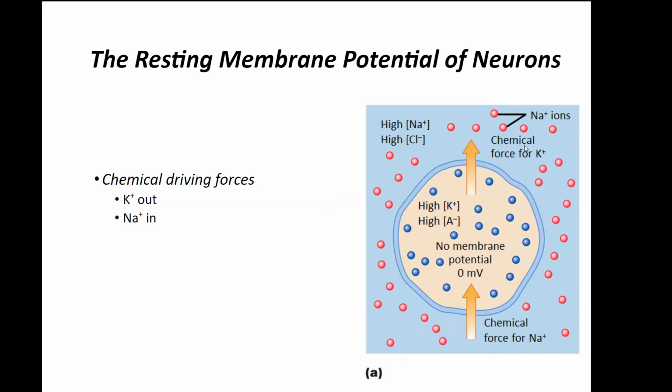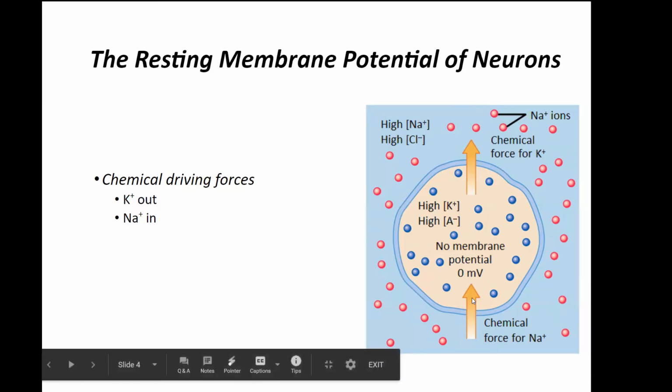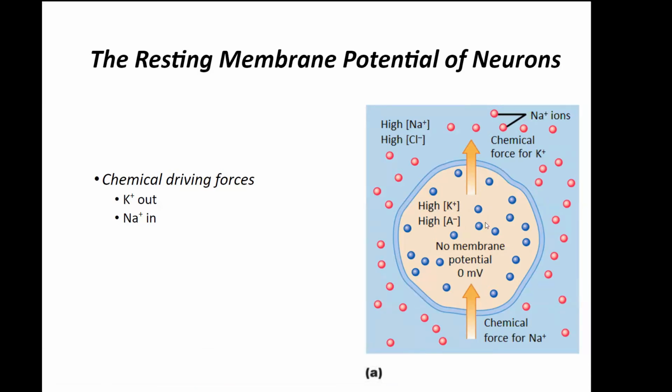In this picture, we don't have any potassium outside the cell. And we see the reverse for sodium. So we have high sodium outside the cell, and we don't have sodium inside the cell. So on the top part, it's showing us the chemical force for potassium being out, the chemical force for sodium being in.